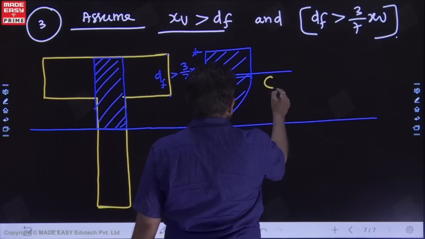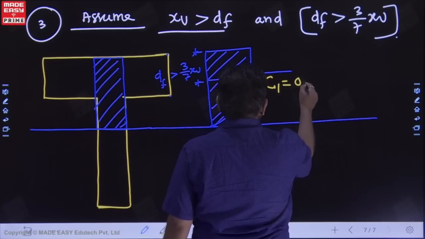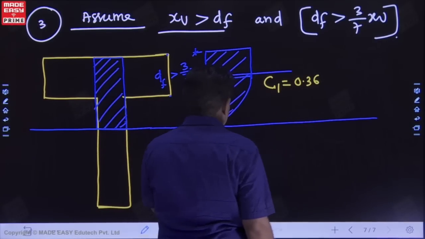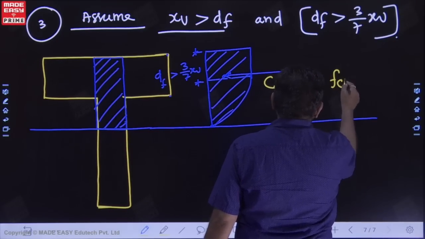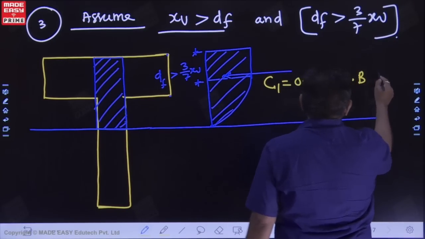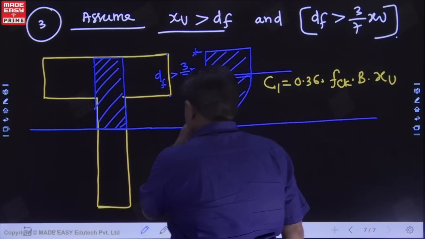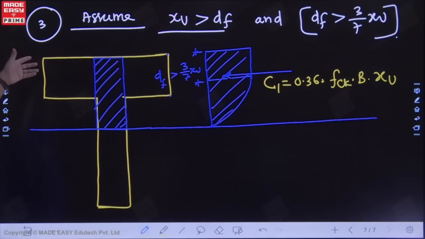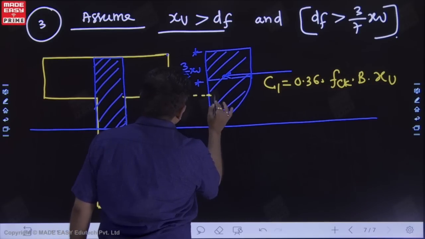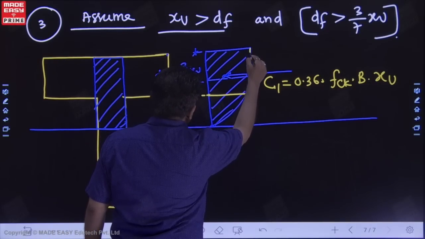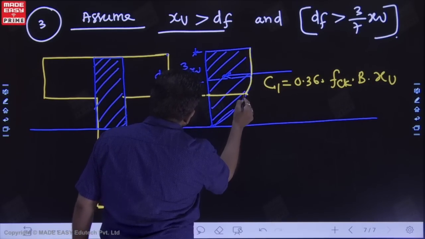Let me write. C1 is again 0.36 into FCK into B into XU. Okay. Now for this flange portion, because the stress diagram is not uniform, it is partly rectangular and partly parabolic.